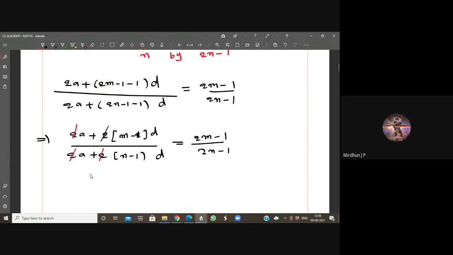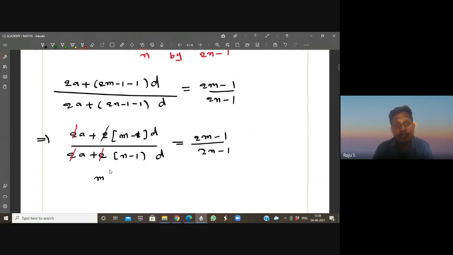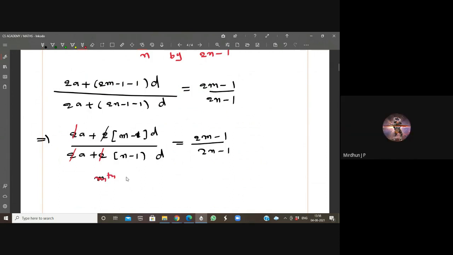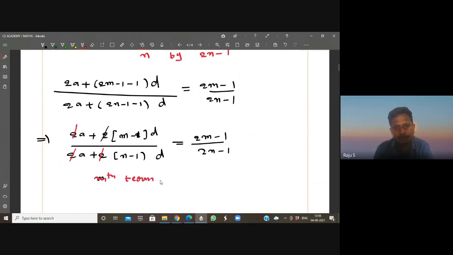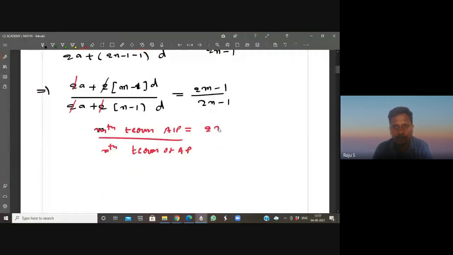Sir, the remaining is a plus m minus 1 into d by a plus n minus 1 into d, nothing but the mth term of AP by the nth term of AP is equal to 2m minus 1 by 2n minus 1.